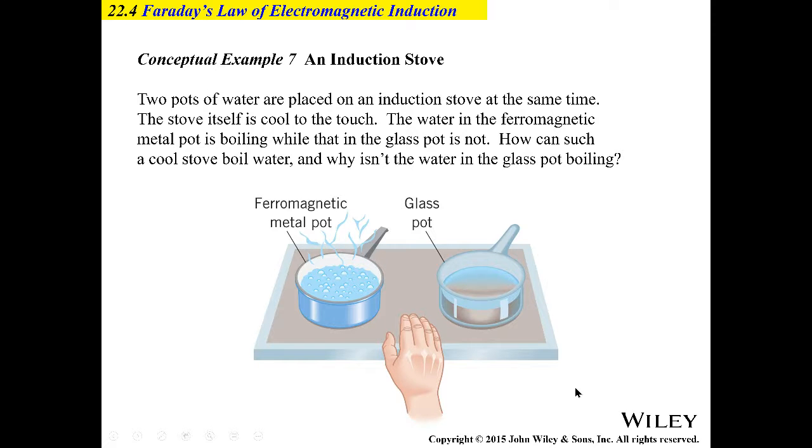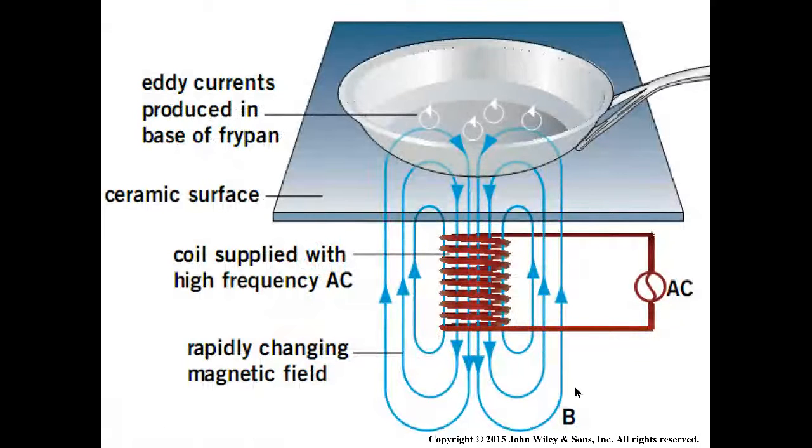And so I downloaded a picture of what actually is underneath this induction stove. The surface is a ceramic surface of a certain thickness. The engineers, after many trials and errors, have settled on this kind of ceramic, and it has to be a certain thickness, because if the thickness is not right, then there's not much induction that can flow through, because you want the magnetic field to come through.